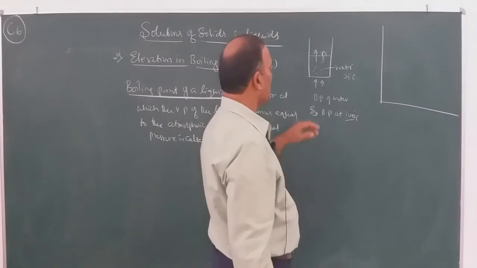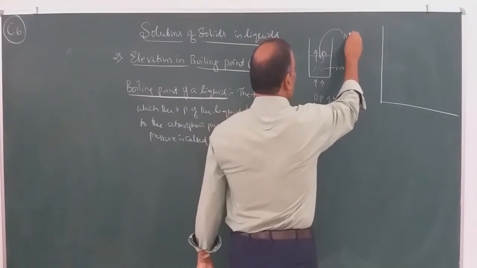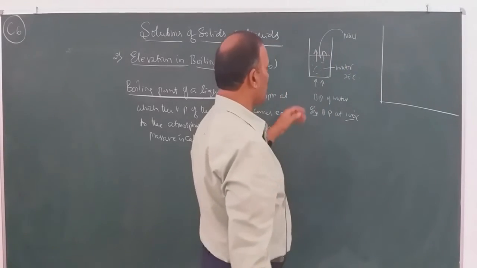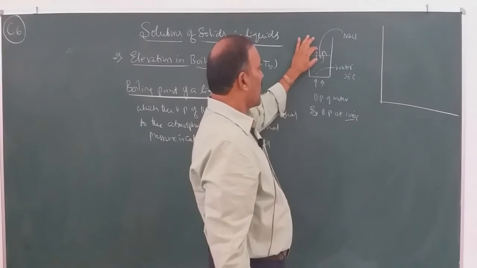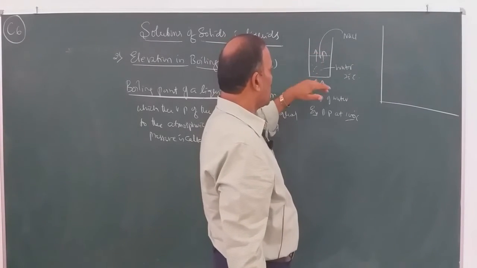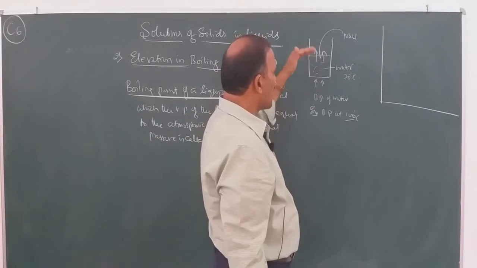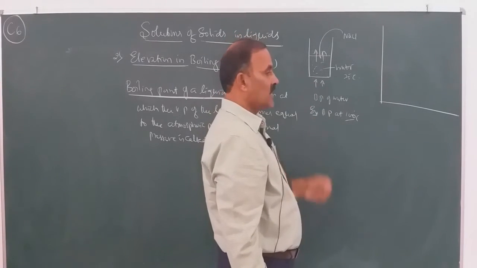now if a non-volatile solute like NaCl is added into this water, what happens? Vaporization decreases. As the vaporization decreases, vapor pressure also decreases. As the vapor pressure decreases, the boiling point increases.